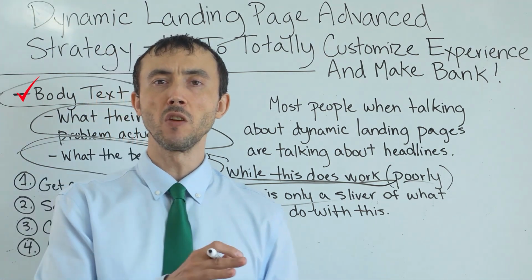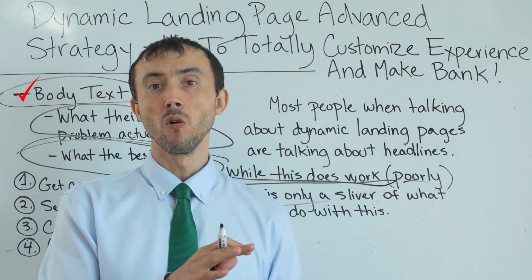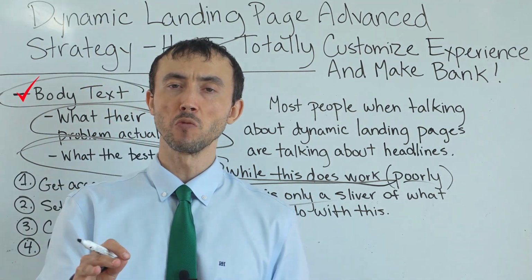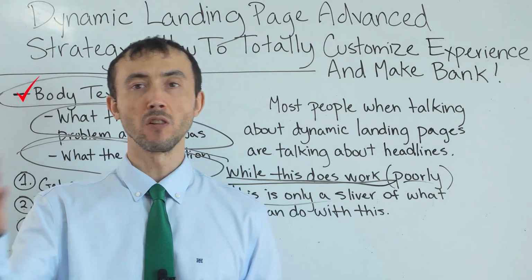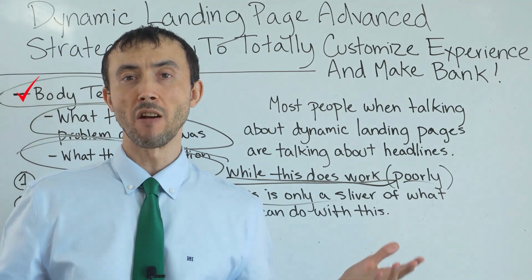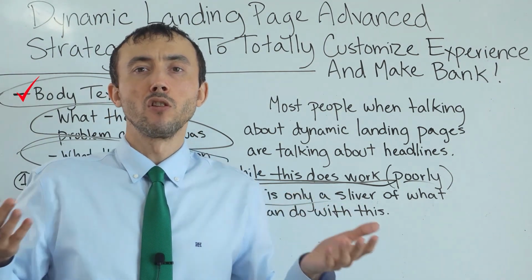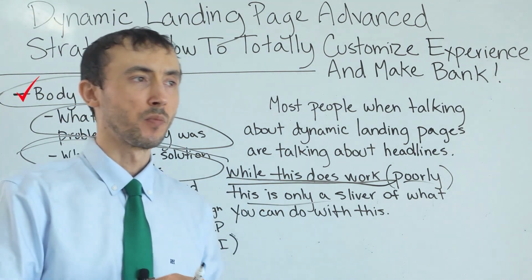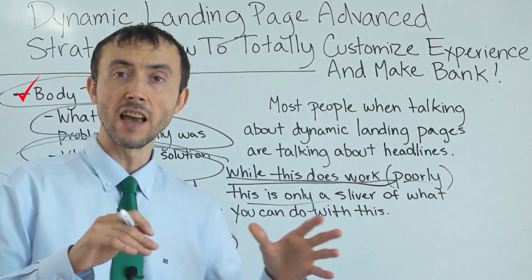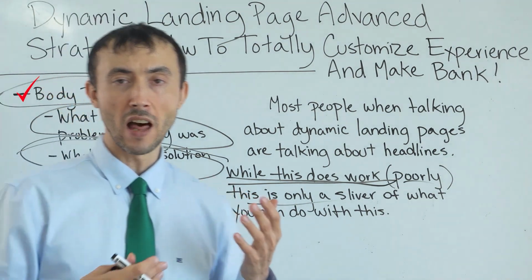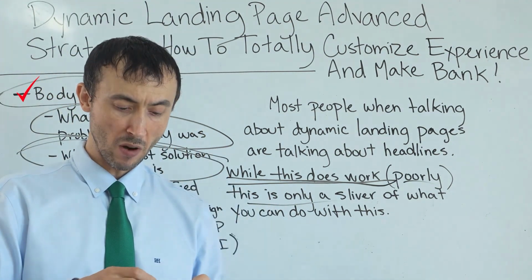And there's a very specific way to know why a person's searching for a keyword in your space, because I know what you're saying right away: how the hell do you know why they're searching for a keyword? If you're in a certain space like debt consolidation, what you can do is use public record.